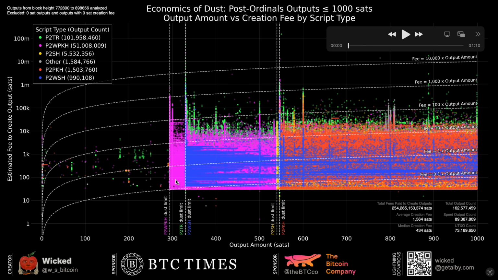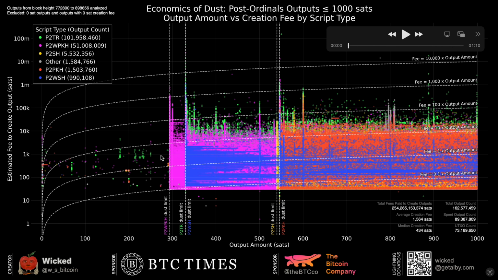But it's fairly well constrained. There are some outliers paying way, way higher fees, but not too many. Most lie in that few orders of magnitude range below. There are also, over to the left, a few non-standard outputs that are below the dust limits, but those are also pretty rare.